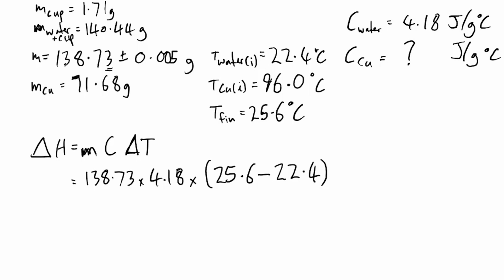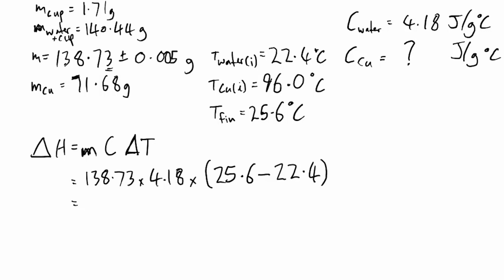So if we run that through a calculator, we'll end up finding that the amount of energy gained by the water was, sorry, give me 1 second for my handy dandy calculator, rose by 3.2 degrees times 4.18 times 138.73 equals 1,855.65.